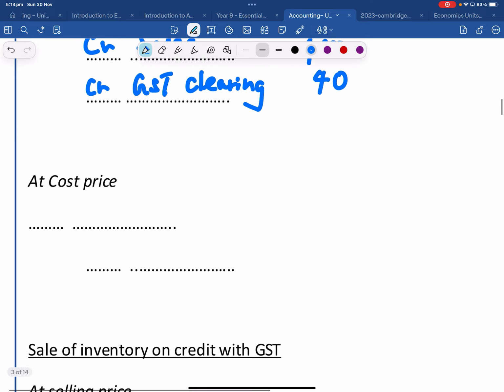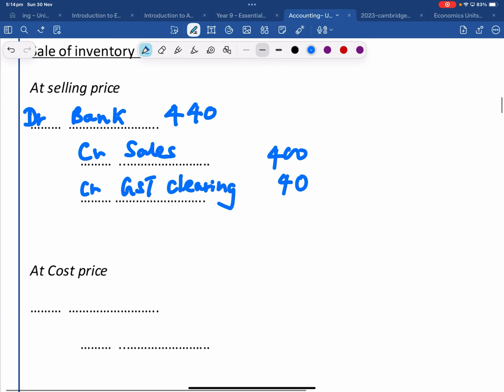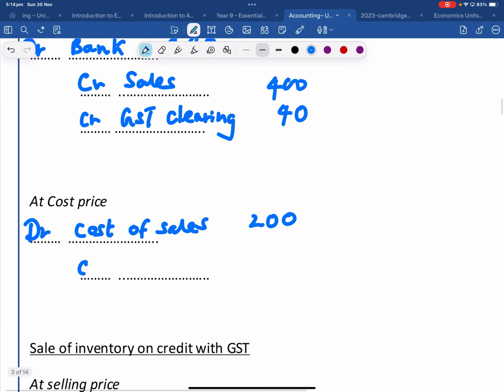Right. Then next one. At cost price. So cost price, what do we do? We will debit the cost of sales. Assume the markup is 100%, so as a result, cost of sales will be 200. And then where do we credit? Inventory. Okay, why did we debit the cost of sales?